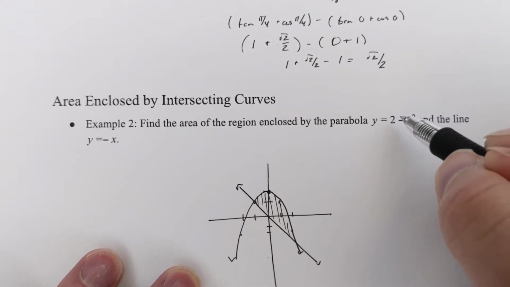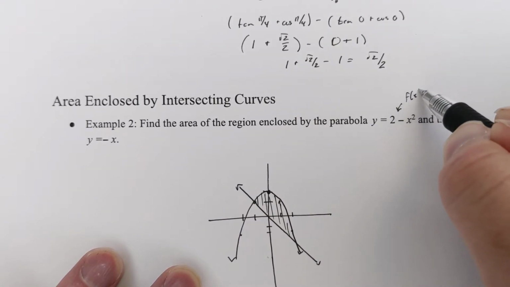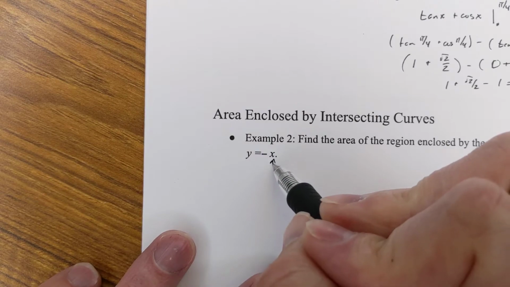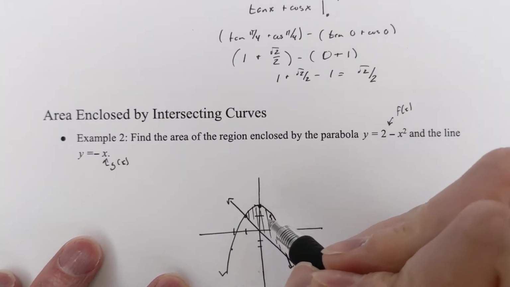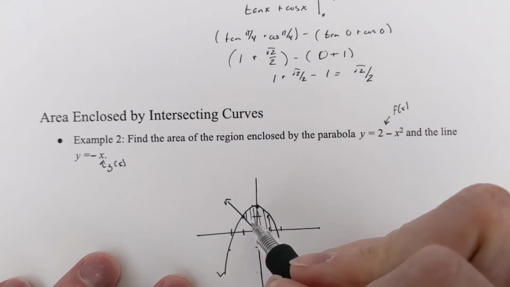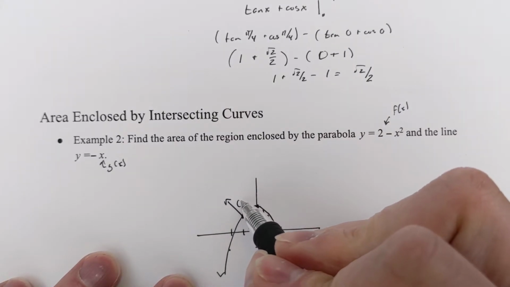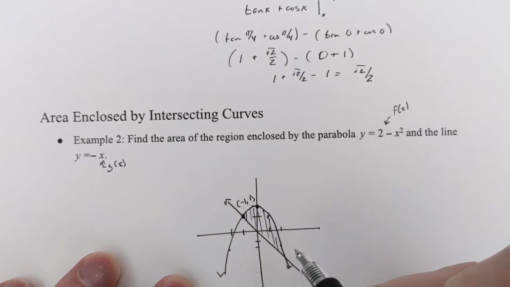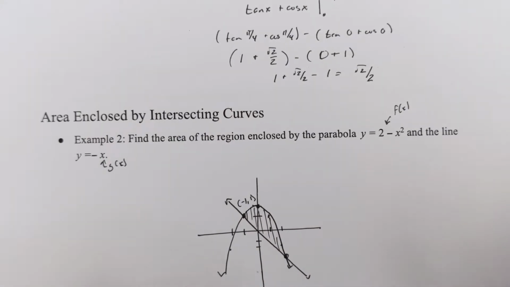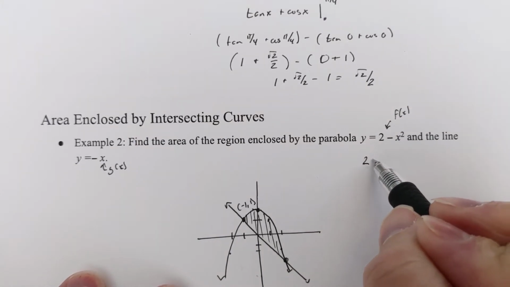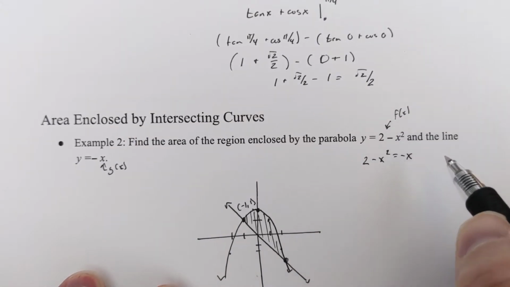So the parabola, if you look at the graph, is our f of x. This equation is our g of x, but we need to figure out the bounds. We need the intersection points. So it looks like there's a point here at negative 1, 1. And there's a point over here. Algebraically, if you want to figure out where they're equal, you set the two equations equal to each other.